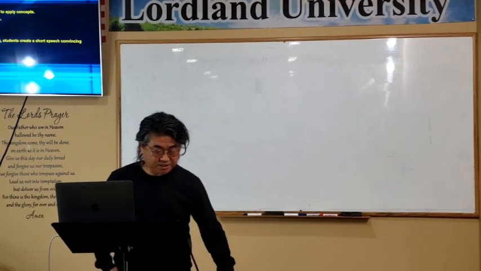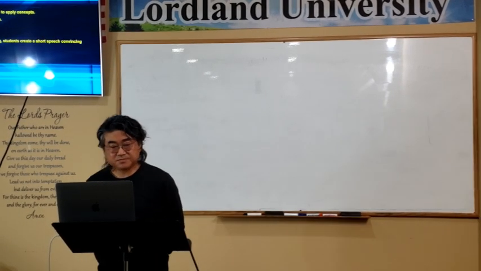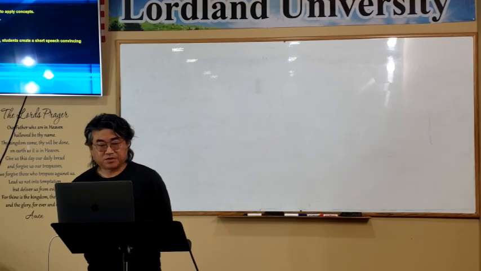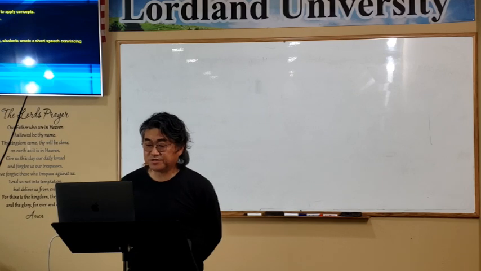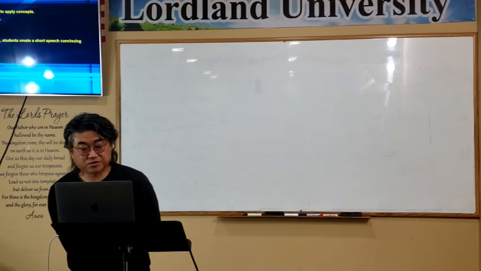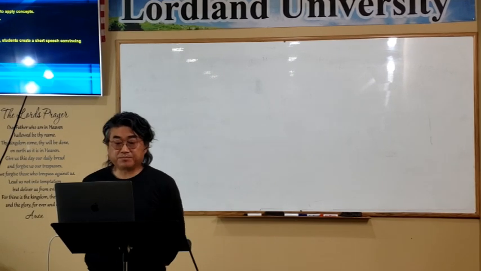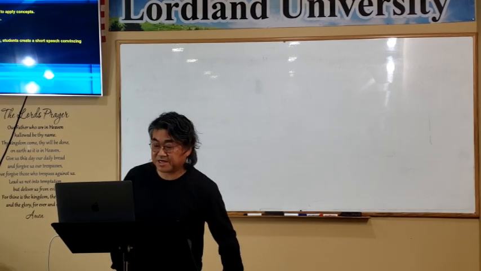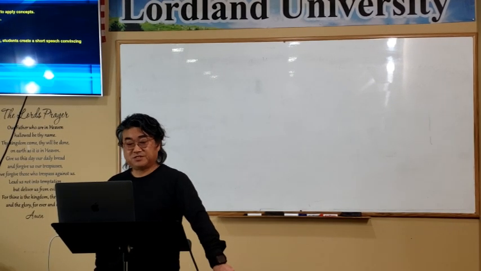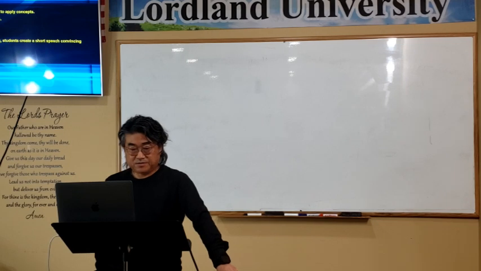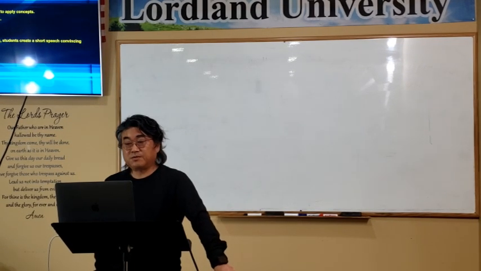Okay, 6, elicit performance. Okay, that is engaging students in activity to apply the concepts. You can assign problem-solving exercises or discussions. You can conduct hands-on experiments or role-playing. Okay, also you can use peer teaching or collaborative learning.